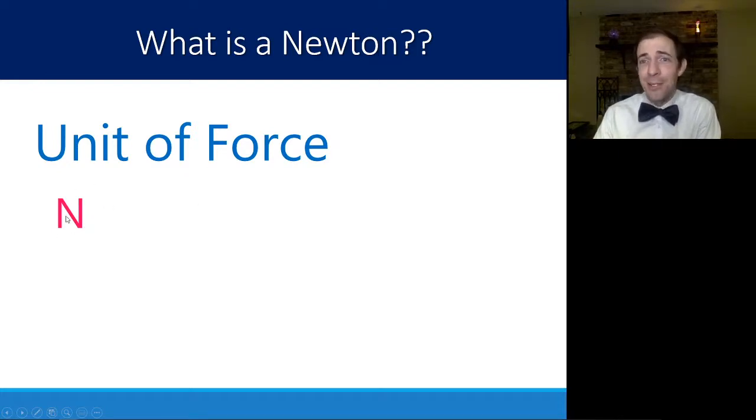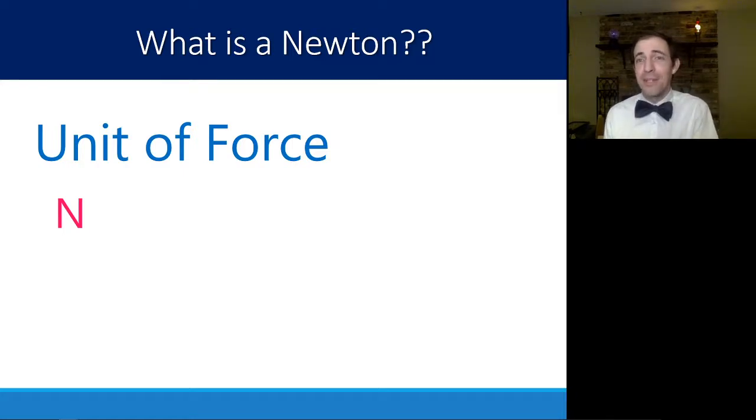Now, newton is a derived unit. You might remember from our conversation of units several weeks back that we can have units that are fundamental units, kind of like the primary colors in our color scheme. So things like meters, seconds, kilograms. There are 7 fundamental units. Now, these fundamental units can be combined in different ways, like primary colors to make secondary colors.